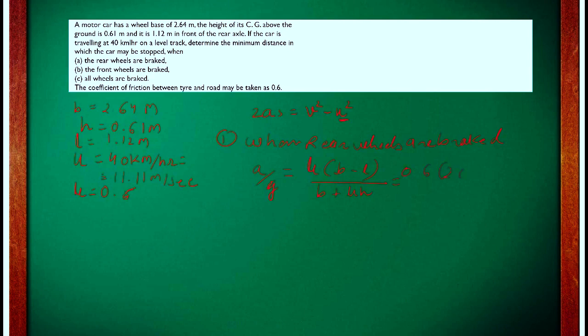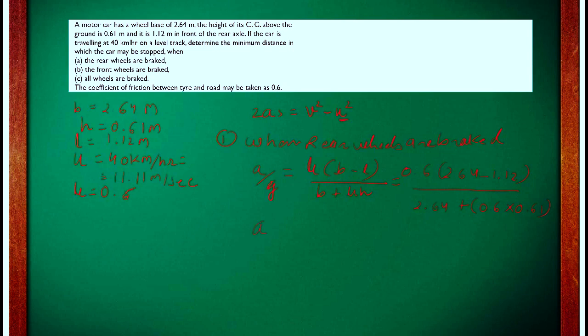B is equal to 2.64, which is the wheelbase, minus l, which is 1.12, divided by B, which is 2.64, plus 0.6 into 0.61, which is H. So H is nothing but the height of the CG above the ground.